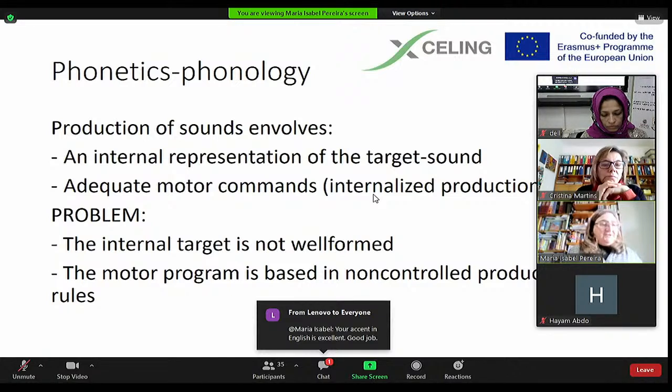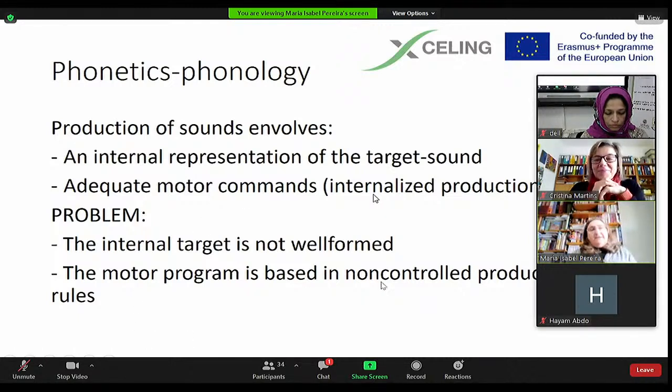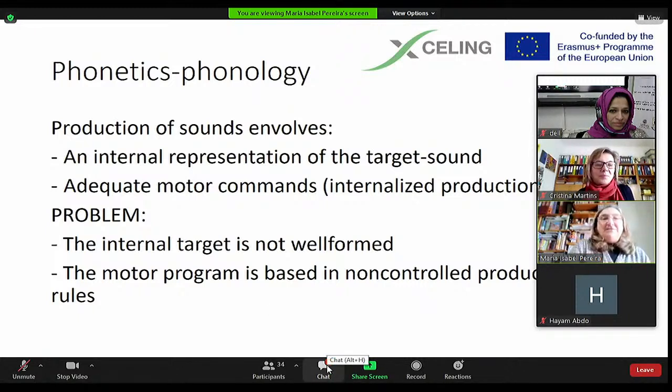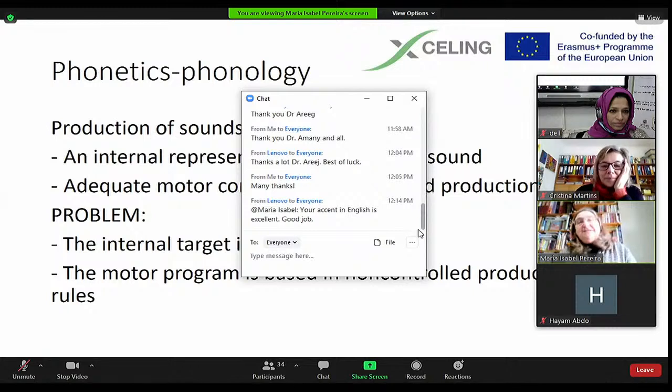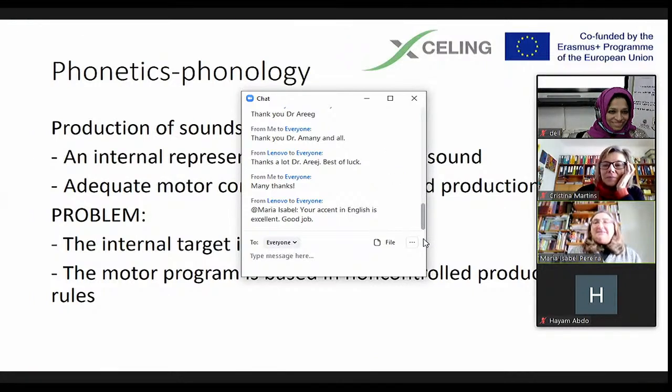The production of sounds, and let's talk about production more specifically. The production of sounds involves, I am sorry, but my computer changes some words to Portuguese. That's why you can find some mistakes here. The production of sounds involves an internal representation of the target sounds, and then the adequate motor commands that are internalized production rules.